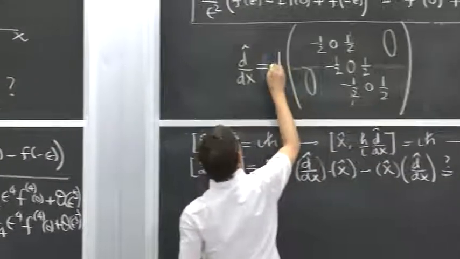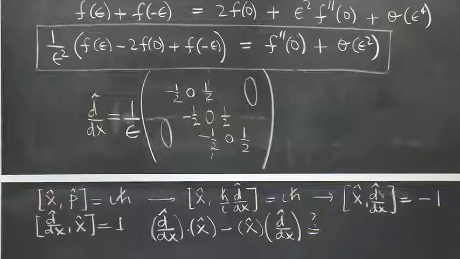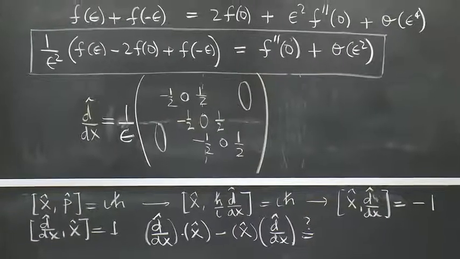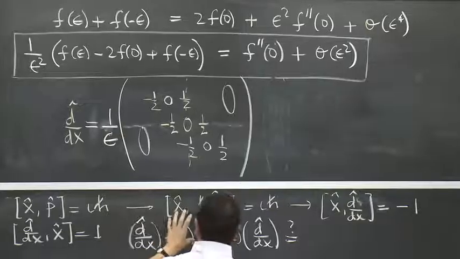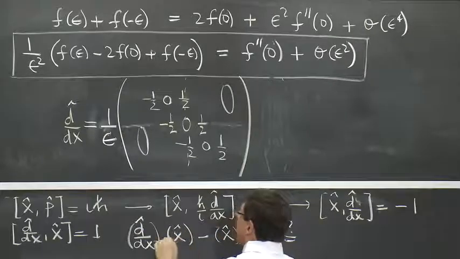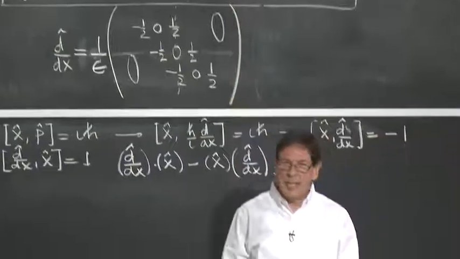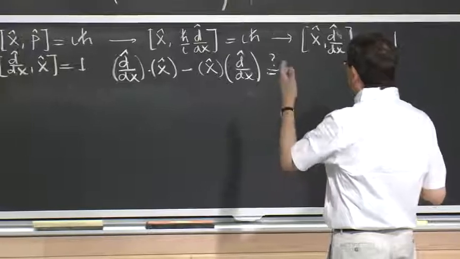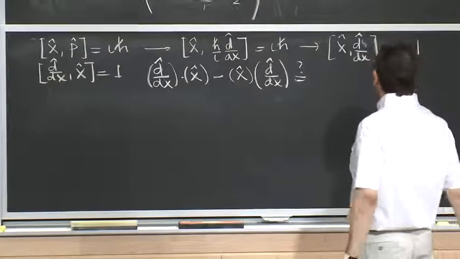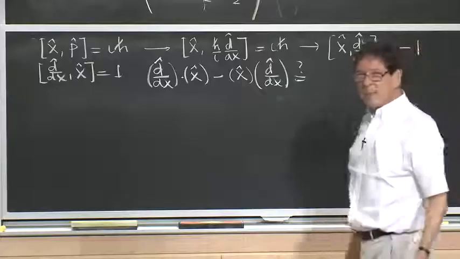So this 1 over epsilon must be there. Now, one thing is clear and good. The d/dx with the x, when you multiply them, you have an epsilon, a 1 over epsilon, so the epsilons are going to cancel, and that's pretty good. So, without further ado, you do this multiplication, and what do you get?